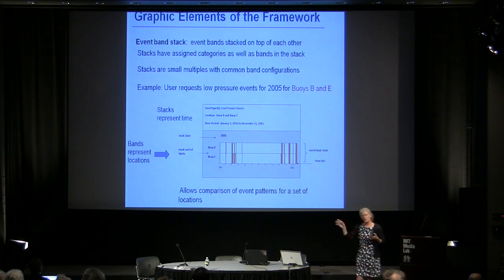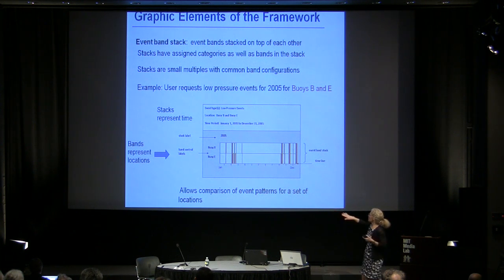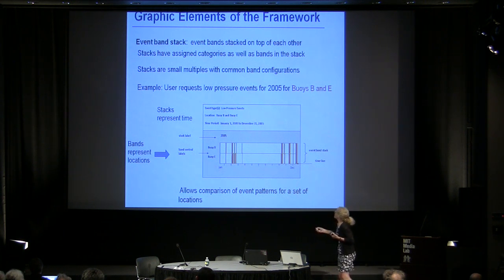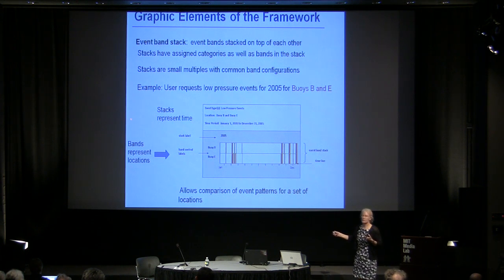In these bands, anything could be attached to those bands. We can say the band is associated with a location, or the band could be associated with a time. In this case, let's say our example is that we want to look at low pressure events for 1 year and for 2 locations. So we're stacking up two bands, and the bands here represent location, in this case the location of the sensor or the moored buoy, and for a year.